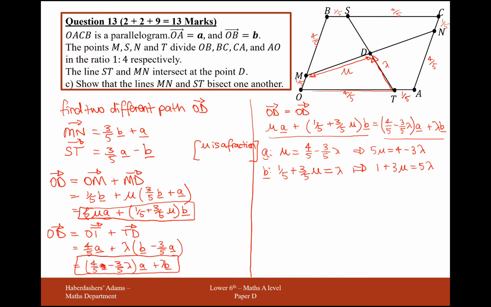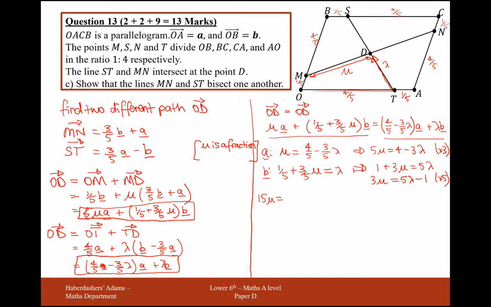Okay, so what I think I'm going to do now is, with this equation here, I'm going to set this equal to 3 mu equals 5 lambda minus 1. So take the 1 over to the other side on this second equation, and then times this equation by 3, and this equation here by 5.